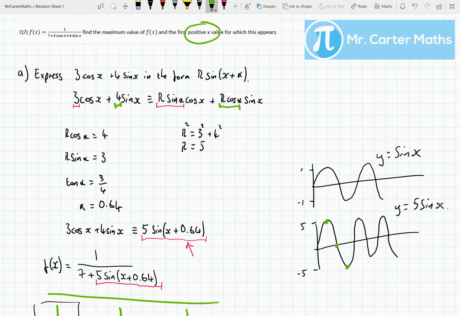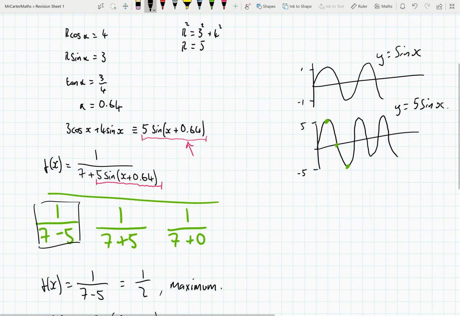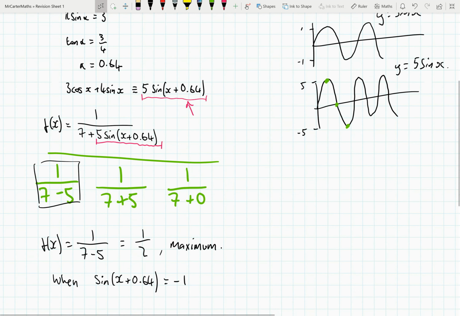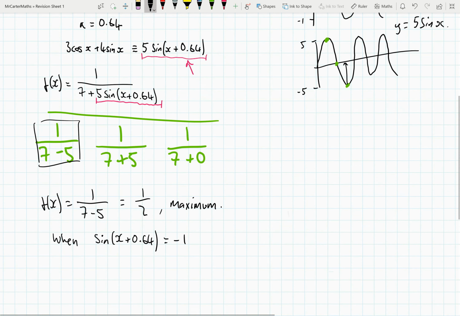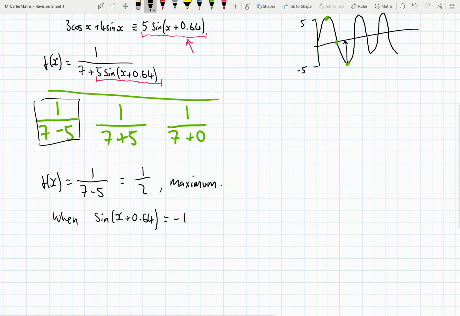My first positive x value, minus 1 comes out when x plus 0.64 is equal to 3 pi on 2. You could use sine inverse of minus 1, but I like thinking about the key values without using a calculator. It comes out at 3 pi on 2.